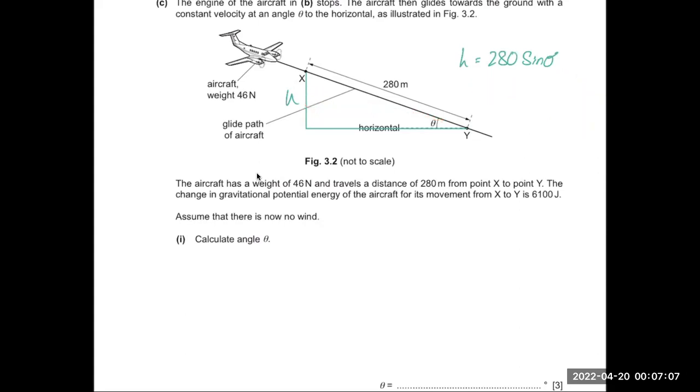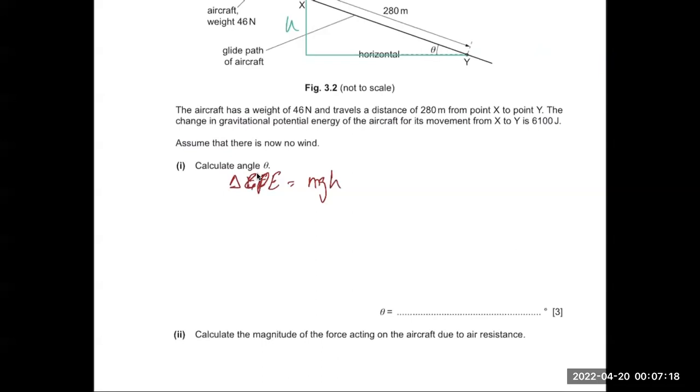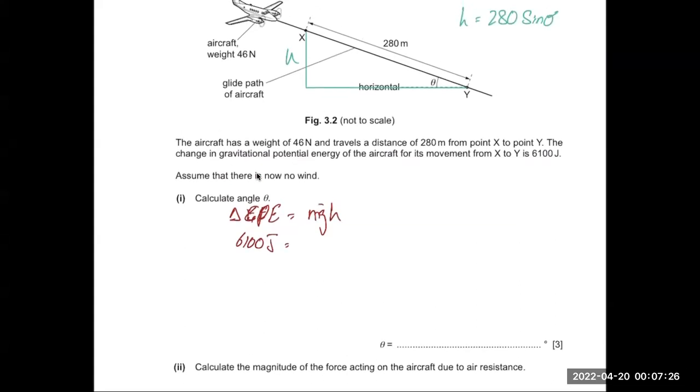Now, change in gravitational potential energy is equal to mgh. The change in gravitational potential energy is 6,100 joules. The mass, I don't know, but I do know what mg is: mass times the gravitational field strength, which is 46, times h.